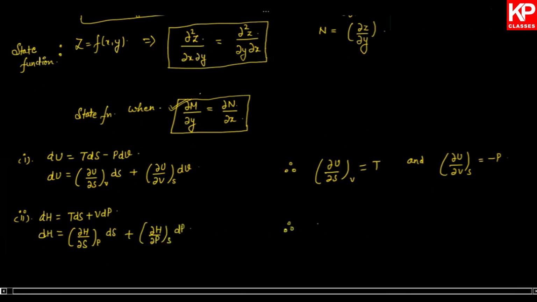So we can say that ∂H/∂S is nothing but equal to temperature, and ∂H/∂P at constant entropy is nothing but equal to volume. The first is at constant pressure.